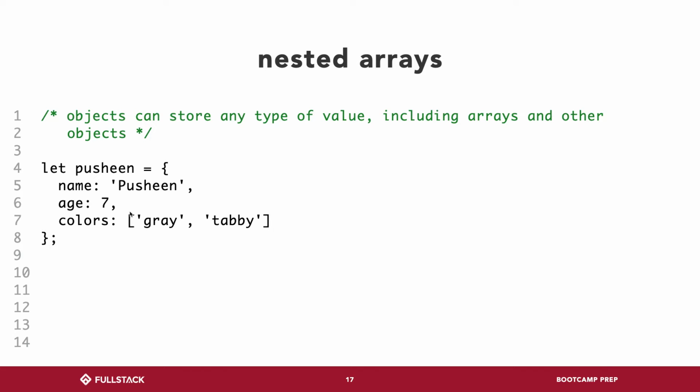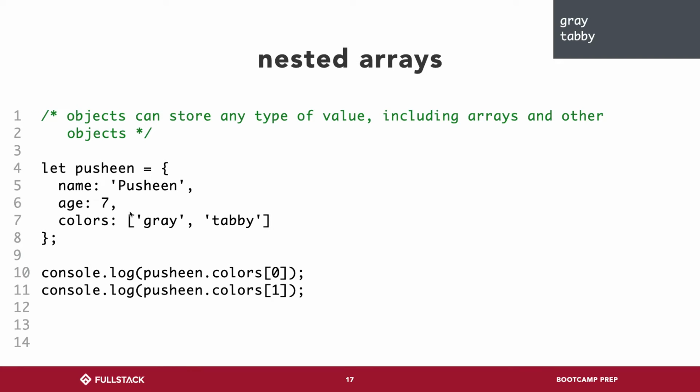So nested arrays, like we did before. Oh yeah, so this is what I showed you guys with the hobbits and the men, right? There were a lot of hobbits and two guys. So here, instead of just a string of gray space tabby, we have an array of two strings, gray and tabby. And we could do the same thing here. Pusheen.colors at 0, Pusheen.colors at 1. Because Pusheen.colors is what?